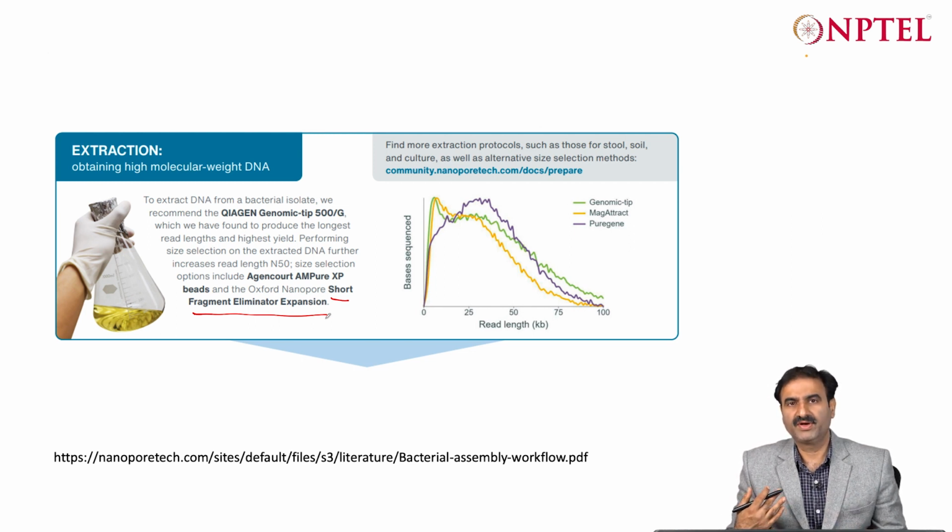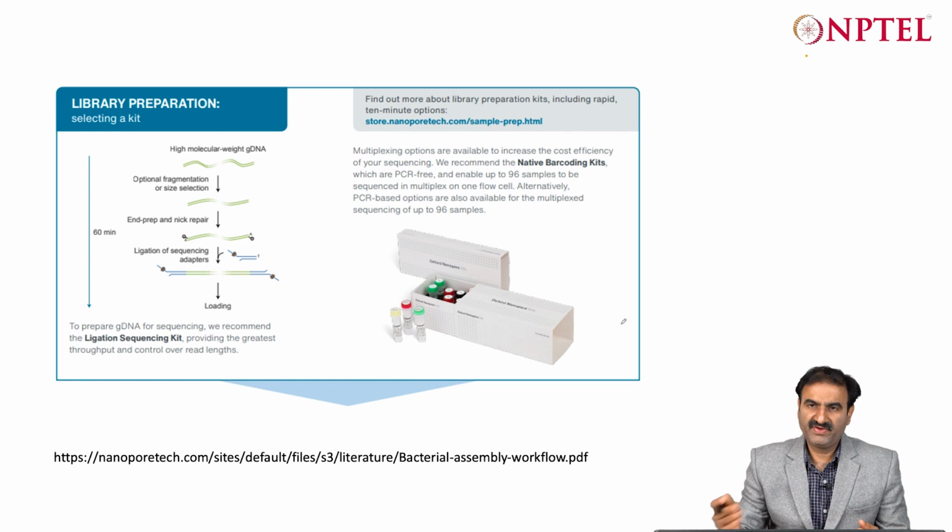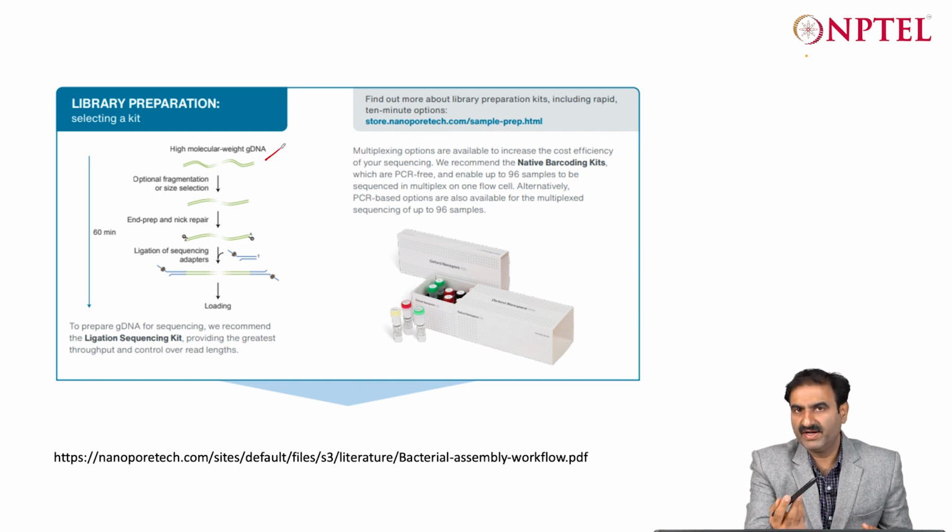That way your N50, or the average read length you get from the sequencer, is on the higher side, right. Like this, you are getting mostly reads in the range of 10 to 25 kb, and almost reaching 100 kb in length. Higher molecular weight DNA is preferred for long read sequencing.